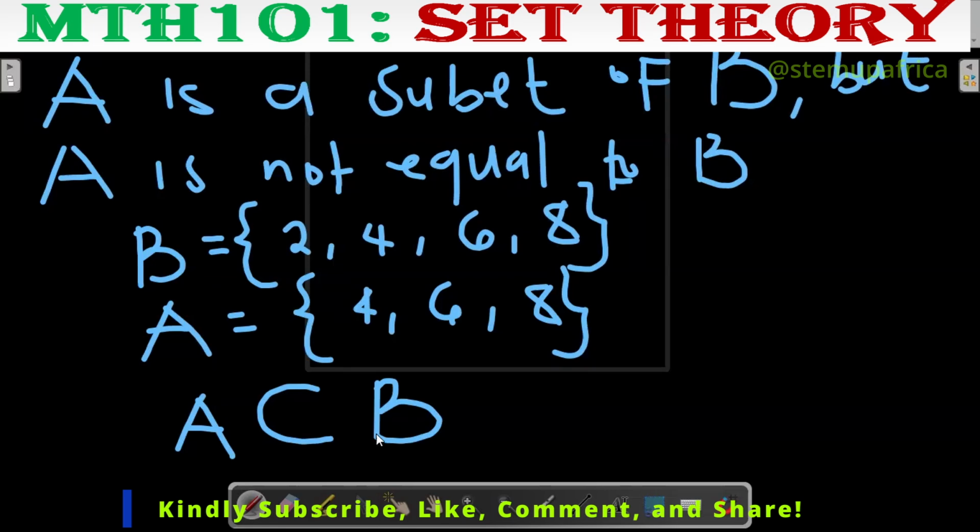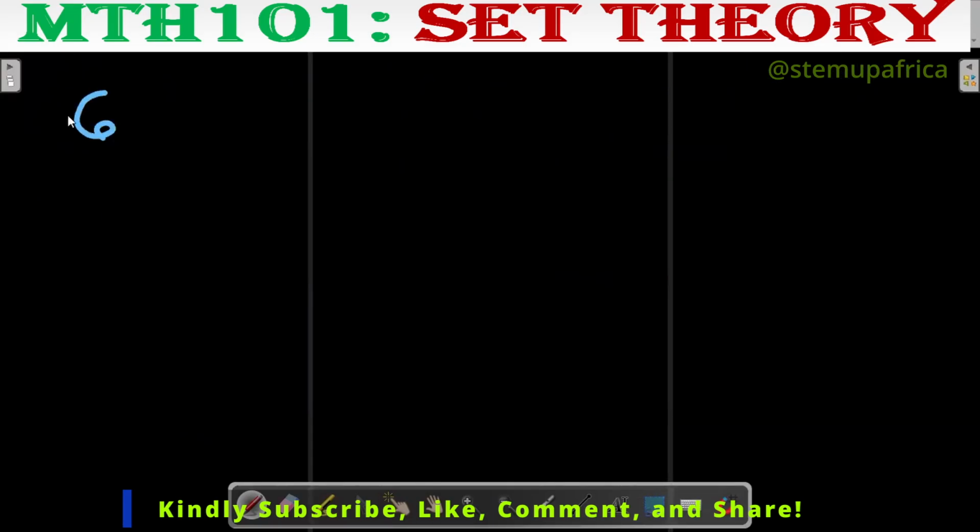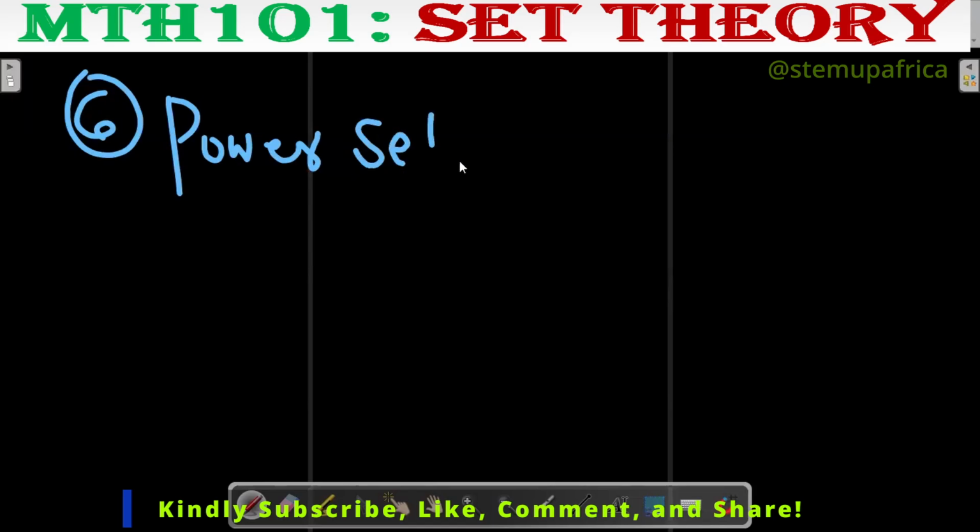Okay. Then the other type we have, number 6, is the power set.